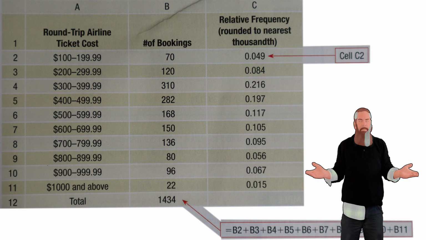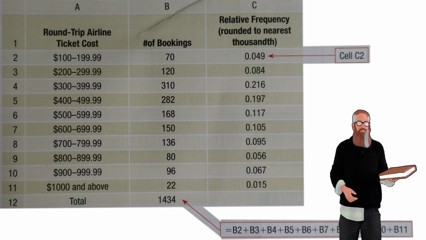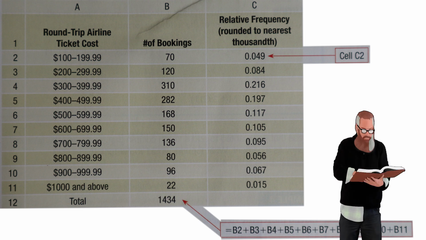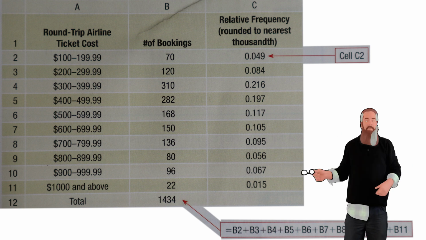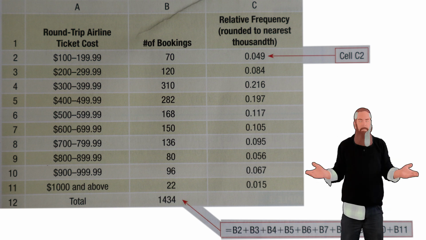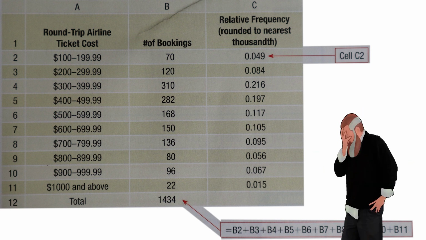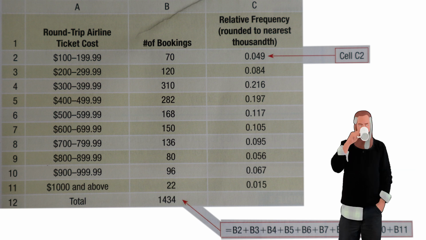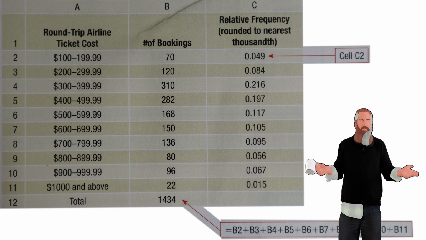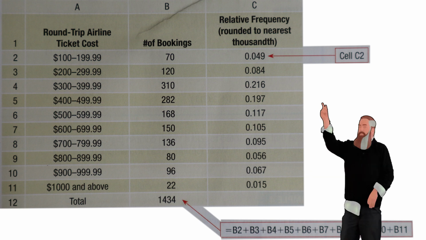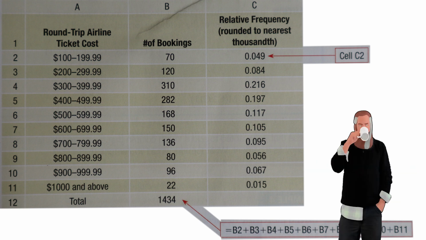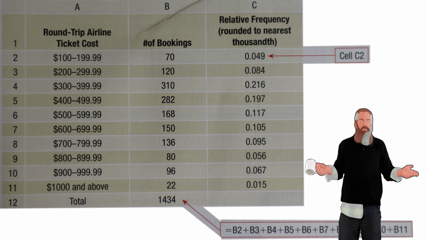If B12 represents the sum, the equation needed is B12 equals B2 plus B3 plus B4 plus B5 plus B6 plus B7 plus B8 plus B9 plus B10 plus B11. You enter the right side of the equation into the cell beginning with the equal symbol as shown on the screen.